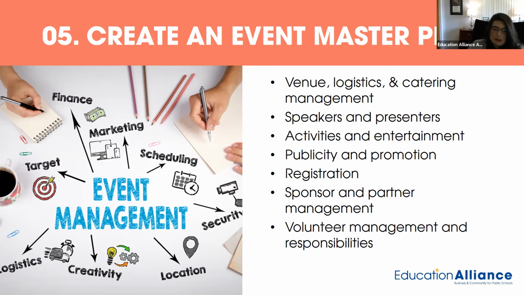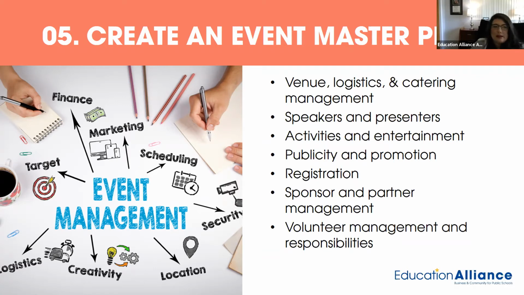So some important things to include in your master plan are the venue, logistics, and catering. So what contracts do you need, permits, insurance? What do you need to have happen for those things to be in place?